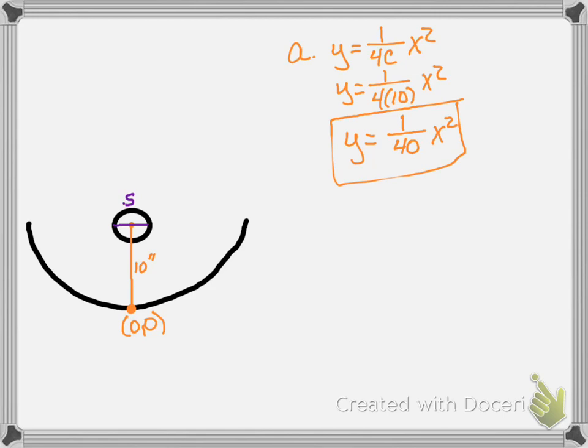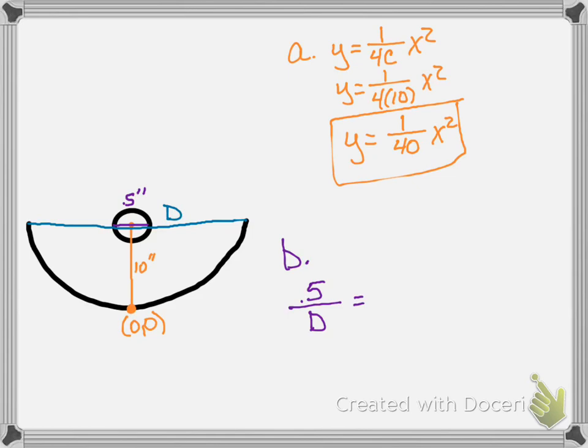So we're going to set this up as a proportion, okay? So I'm going to take the diameter of my pipe, 0.5, and the diameter of my dish, and I'm going to call that D. Okay, so 0.5 over D. Okay, that's the first proportion.